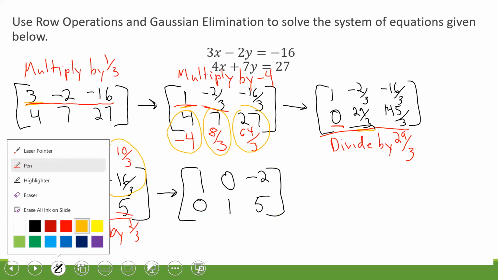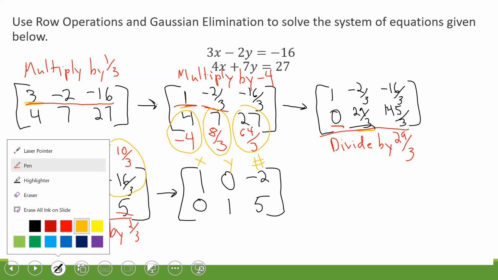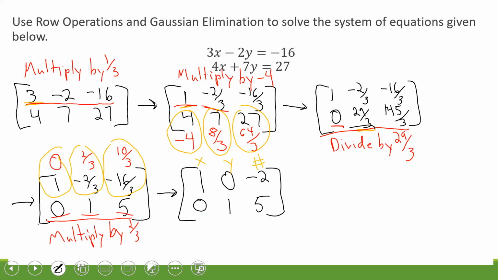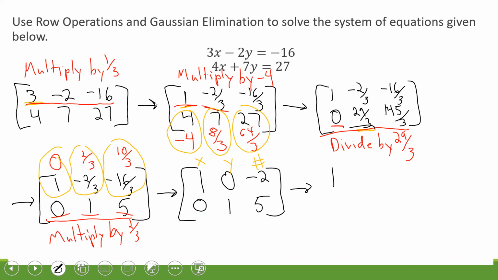Because remember that the first column here stands for x, the second column stands for y, and the third column is numbers. If we now convert this information back into equations, what we get from the first row is that 1x equals negative 2.